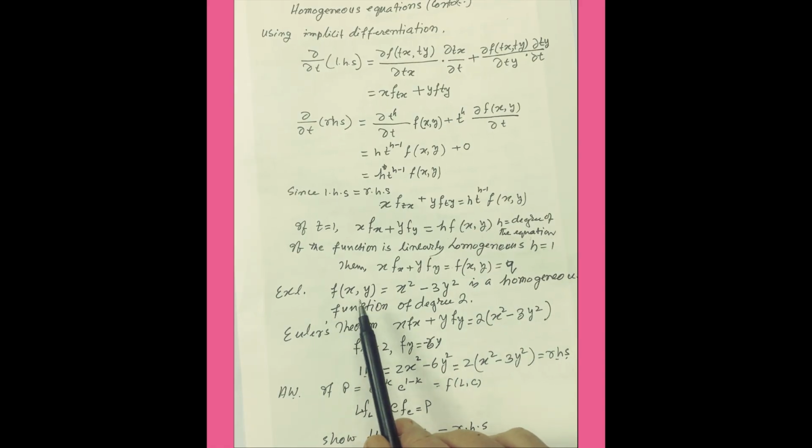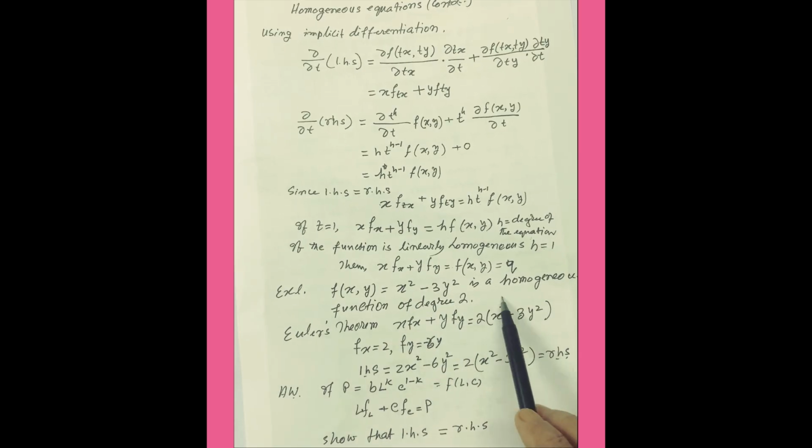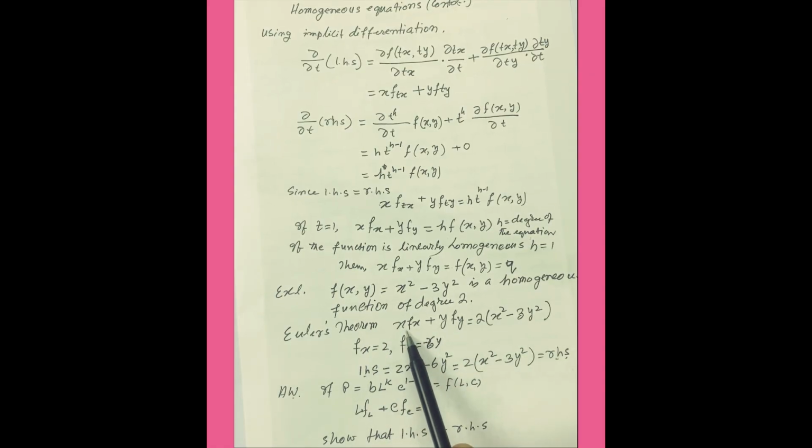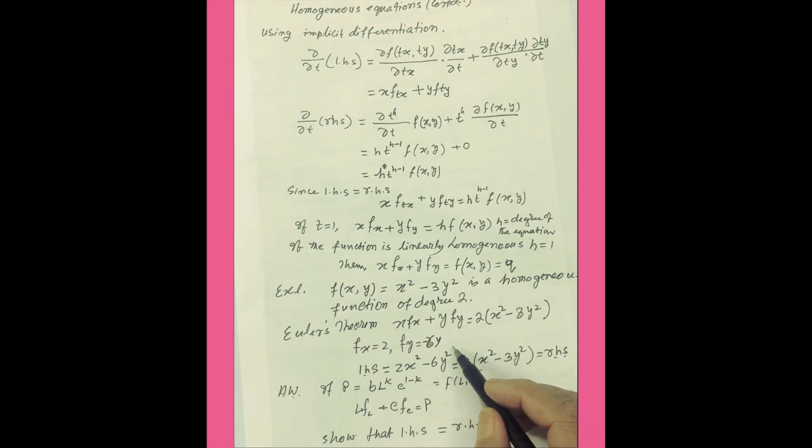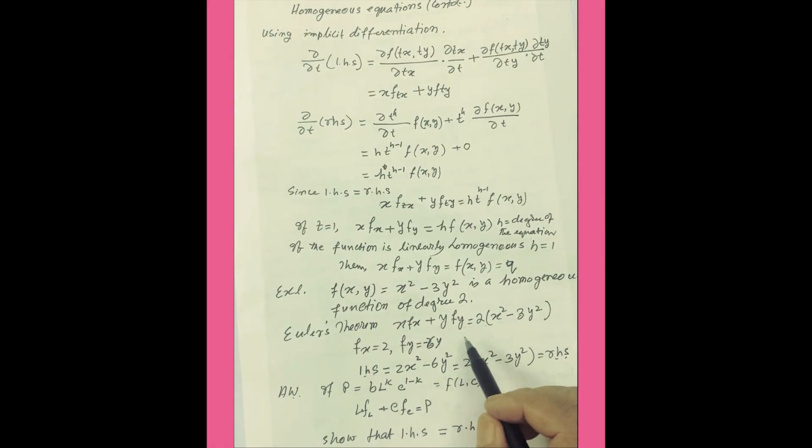Now an example. Suppose f(x, y) is equal to x square minus 3y square. It is a homogeneous function of degree 2. If we apply Euler's theorem, x fx plus y fy is equal to 2 times (x square minus 3y square), because fx is equal to 2x and fy is equal to minus 6y.